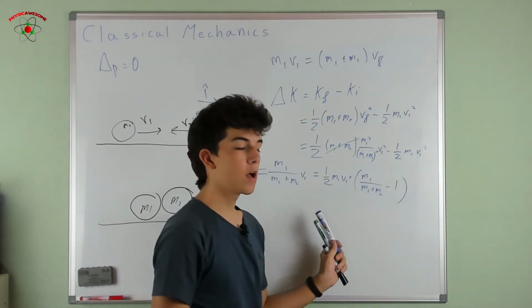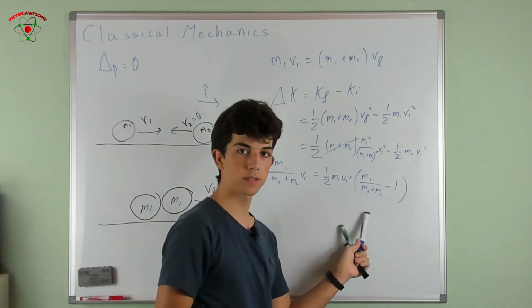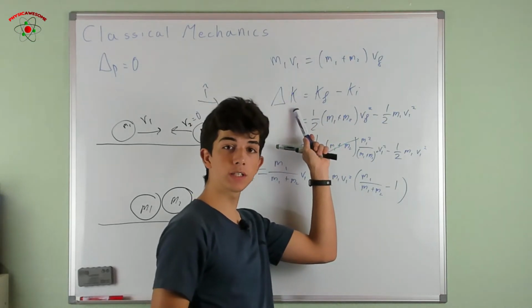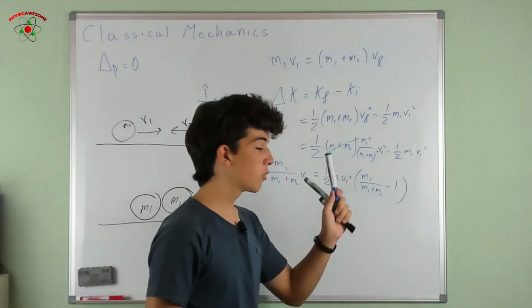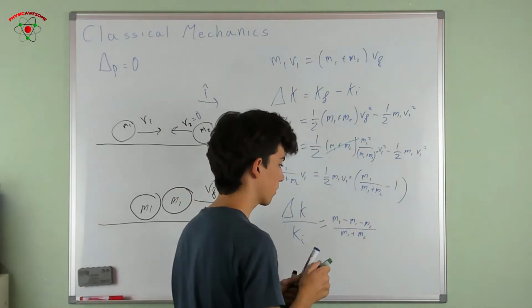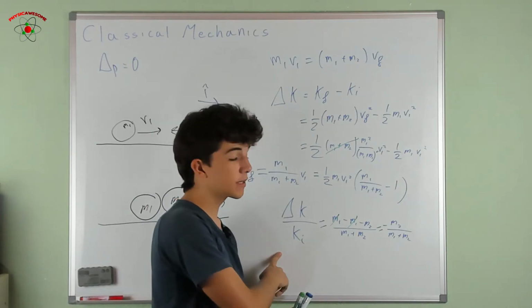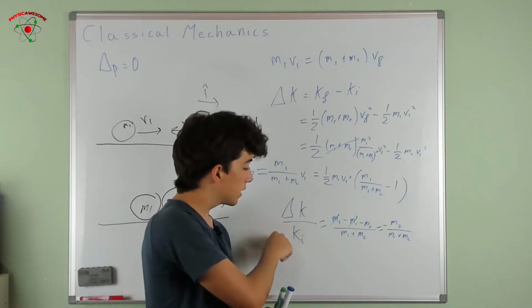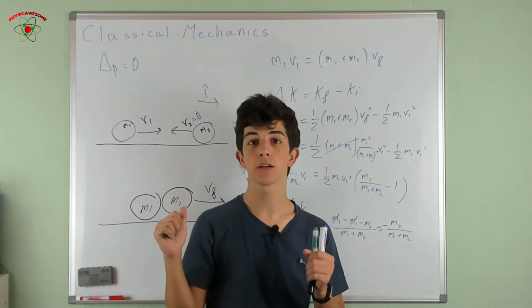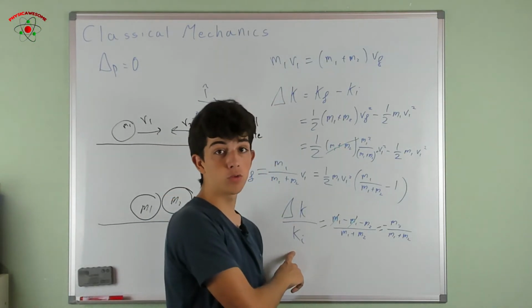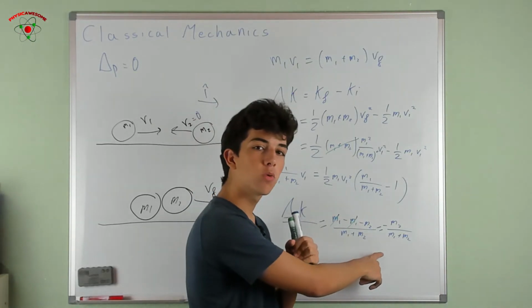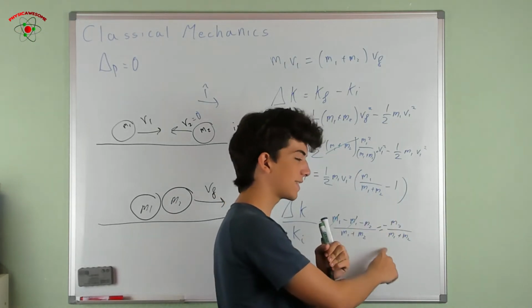And we find a combination of the masses times the initial kinetic energy is equal to our change in kinetic energy. Therefore, we can rewrite that and we find that this change in kinetic energy on our perfectly inelastic collisions related to the actual kinetic energy that the system has in general is going to be equal to a ratio of the masses.